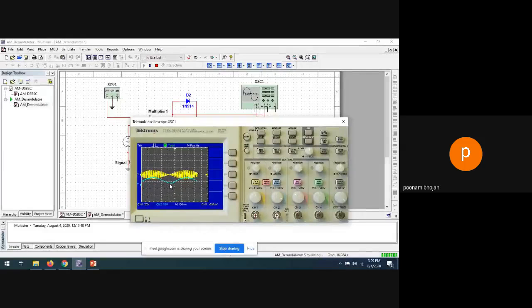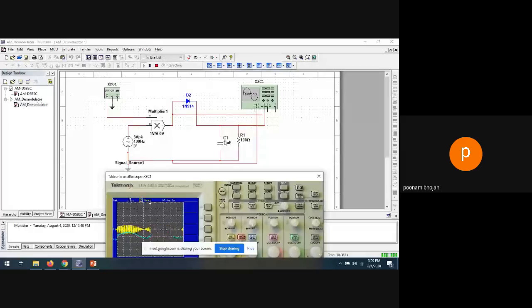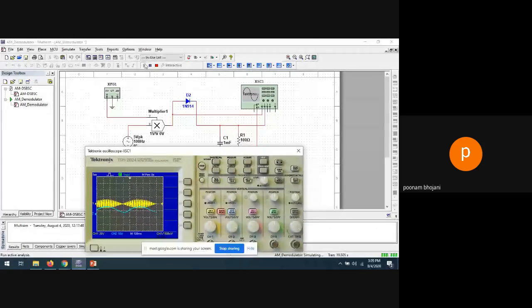See, here also you are not getting a smooth negative cycle. Do you know why? Because it is simply showing the capacitor charging and discharging. Let me show you.